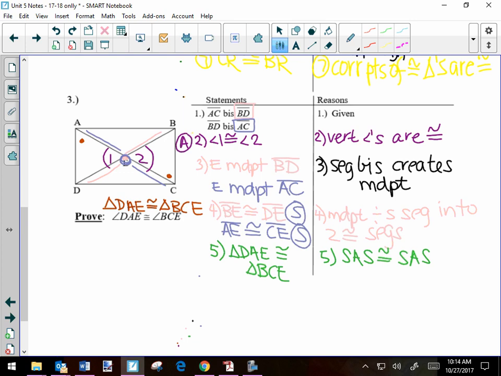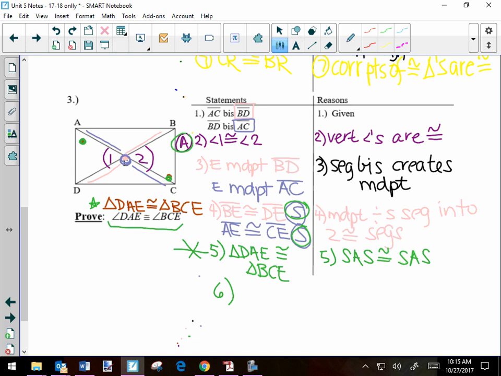And then I go back and remember why I wanted the triangles congruent. I wanted the triangles congruent because I needed to make those angles congruent. Remember the ones with the dots on them? So I used 3 pieces of information to make the triangles congruent. Once the triangles are congruent, all the other parts fall into place and are congruent as well.